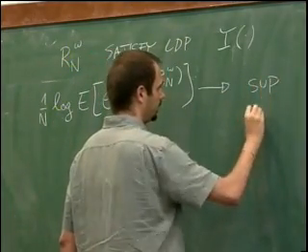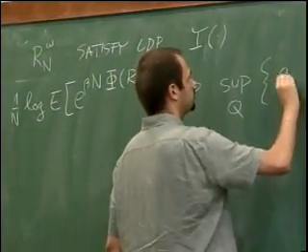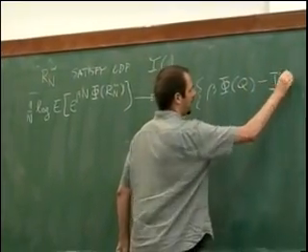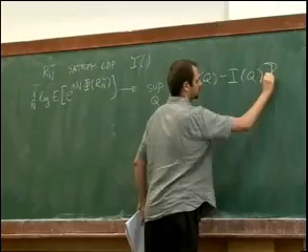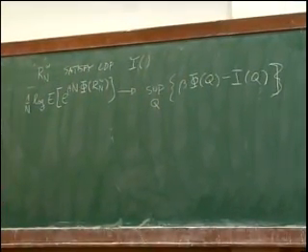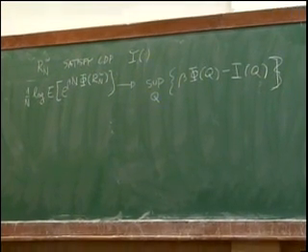It is the sup over q of beta phi of q minus I of q. Why does this happen? This is a general result, but I want to conclude in the last 5 minutes just to give you a hint.